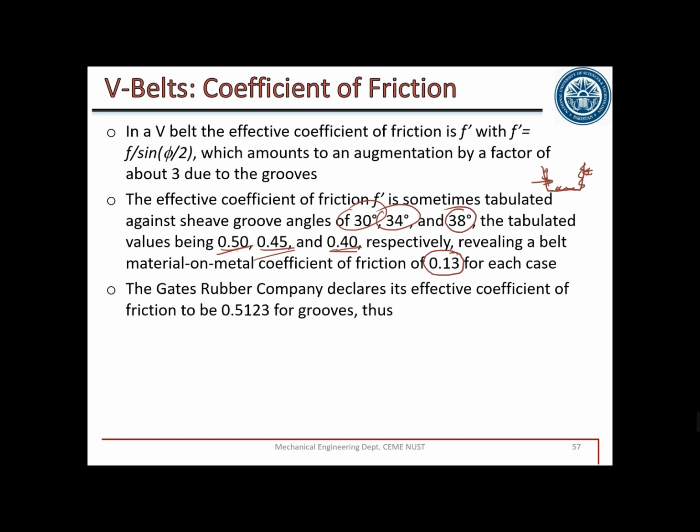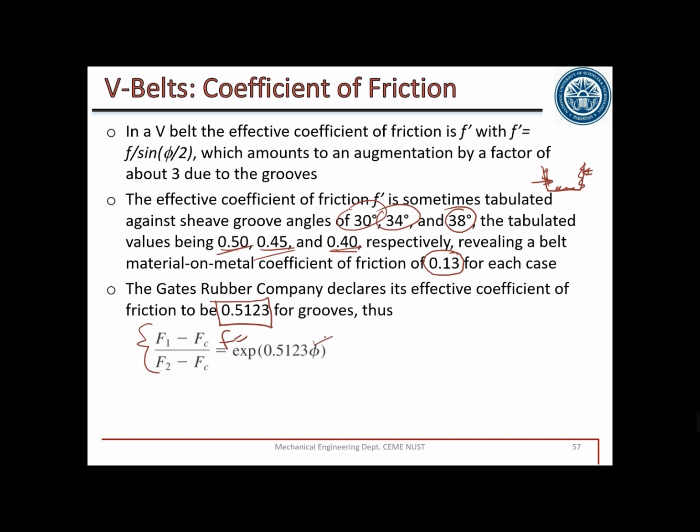So we will use this coefficient of friction for all V-type belts. In this book, we will use a coefficient of friction equal to 0.5132. So using coefficient of friction 0.5132, this equation is the same as in the case of a flat belt. So we can use this equation to calculate either F1, Fc or F2, whichever is required.